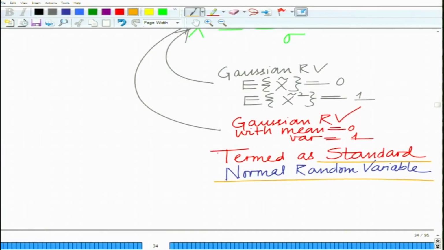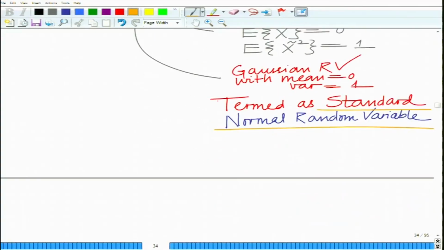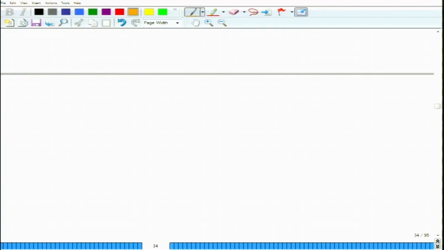Now this standard normal random variable is used to define what is known as the Q function. The probability density function of the standard normal random variable is also simple to derive, because it has mean mu equal to 0 and variance 1.